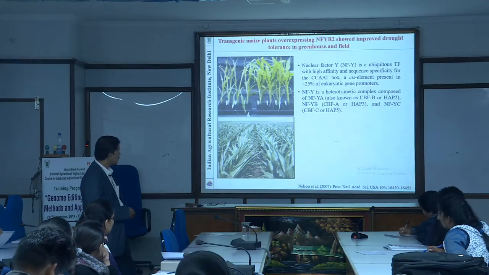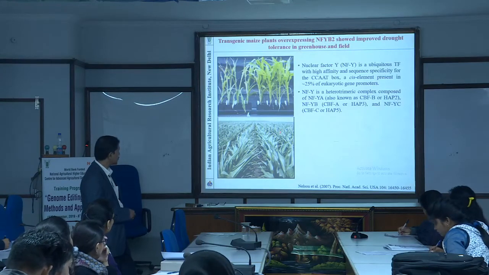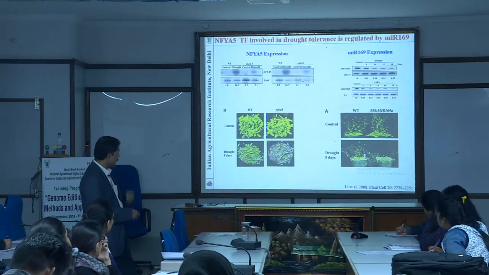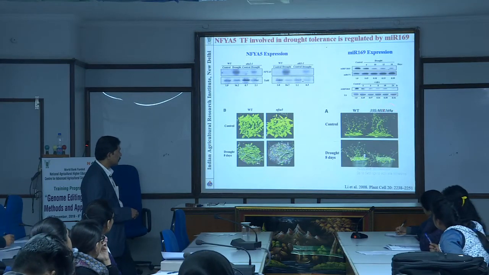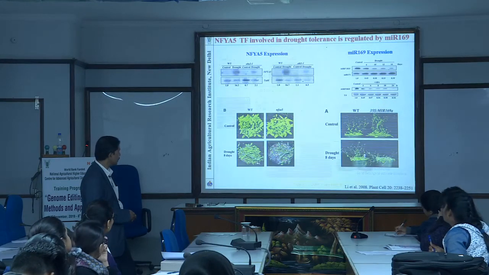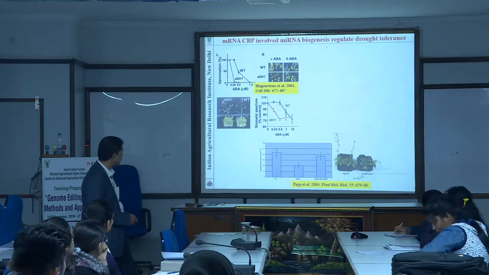Also, another gene, nuclear factor Y, when overexpressed, can give stress tolerance in the field. One study reported that microRNA 169 controls the expression of nuclear factor YA, so that's why we selected microRNA 169 for editing.